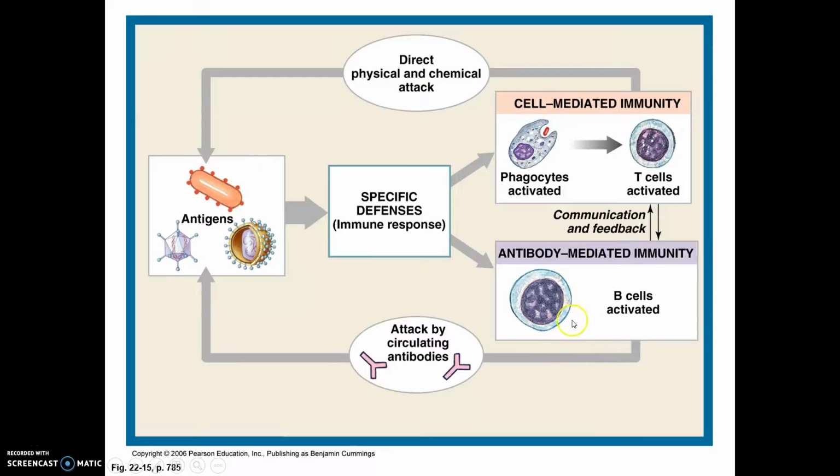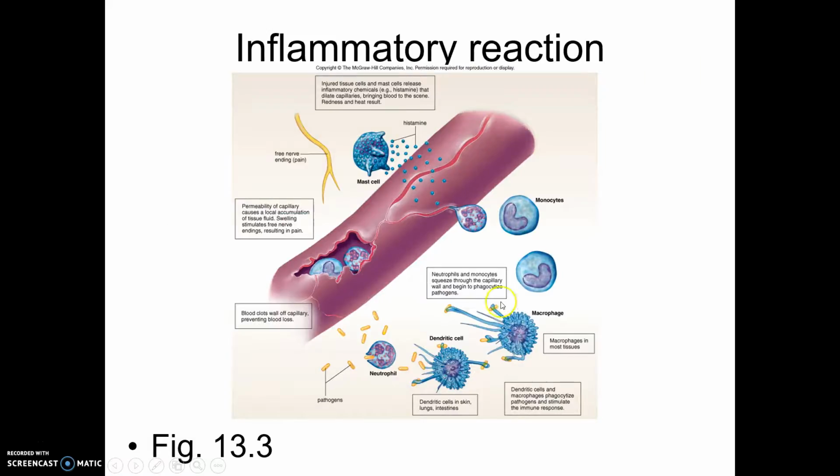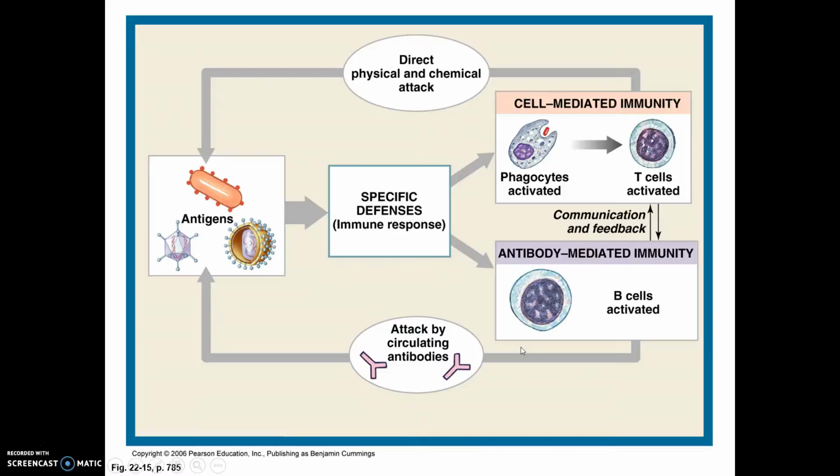So since things are attacking me in my body fluids, I have to have a means to kill the things in my body fluids. And since things are also attacking me in my cells, I have to have something that can kill the cells that are infected. So I have these two parts of my specific defenses, but I had to have something to activate them. And again, that's where dendritic cells and macrophages, and even B cells, come in, which are called antigen presenting cells.